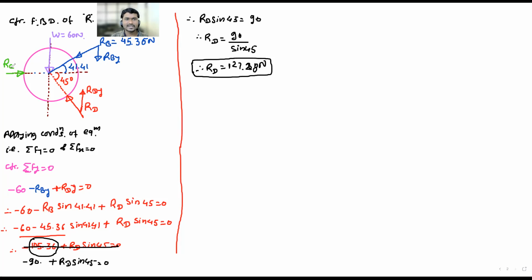RC. RC is along the X axis, so we will be required to consider summation Fx is equals to 0. Therefore now tell me the equation firstly. RC, plus or minus?